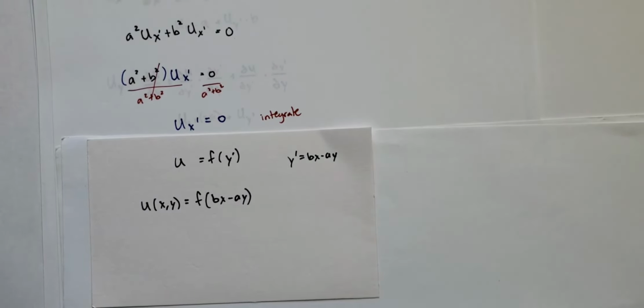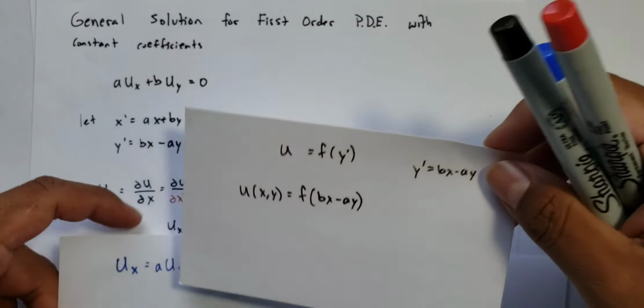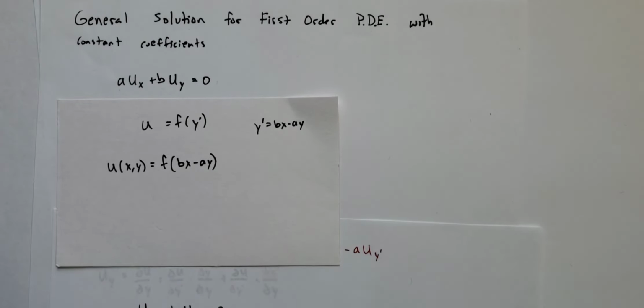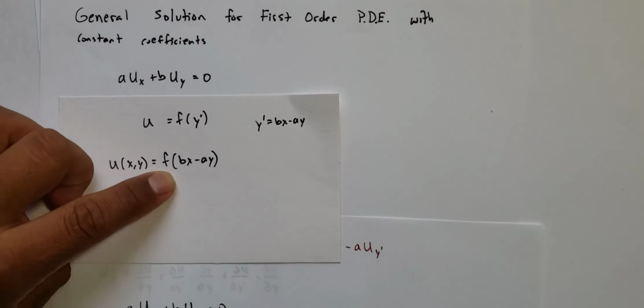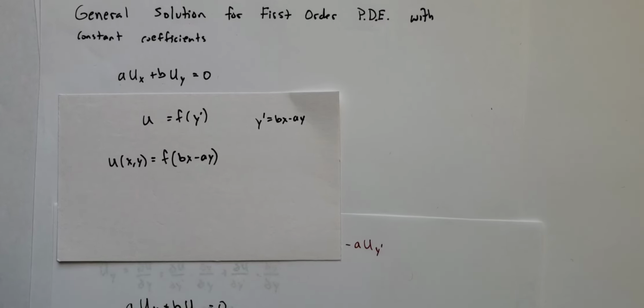And that's how we arrive at that solution. So that's how we come all the way to the general solution for a PDE with constant coefficients, which is f of bx minus ay. Hope this helps.